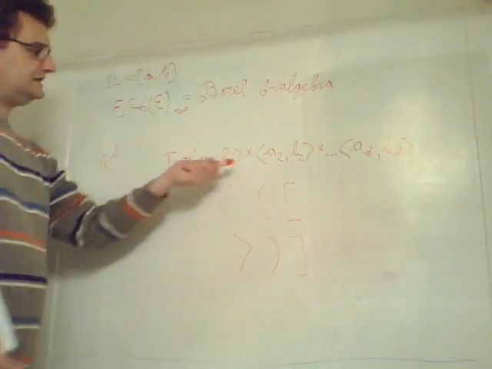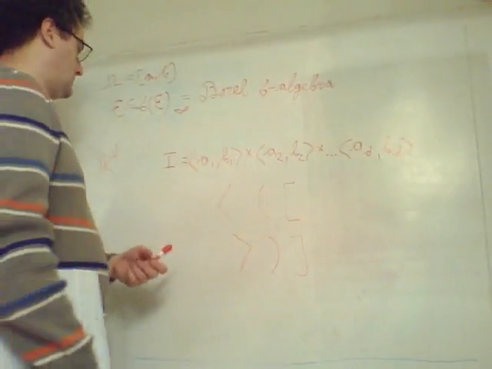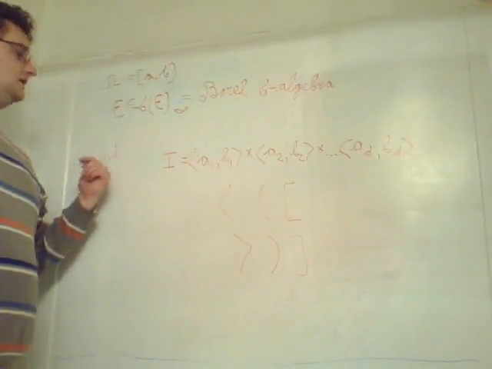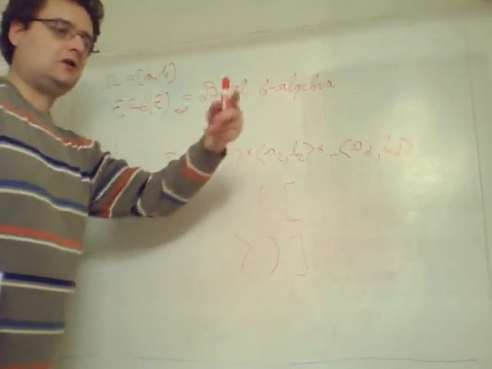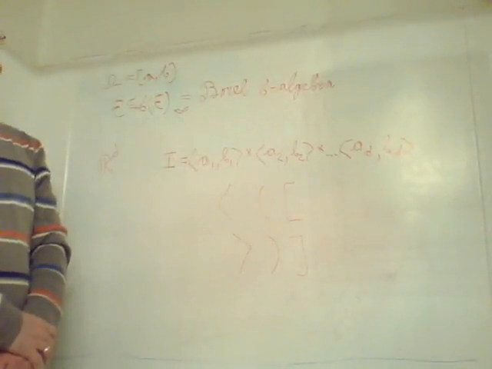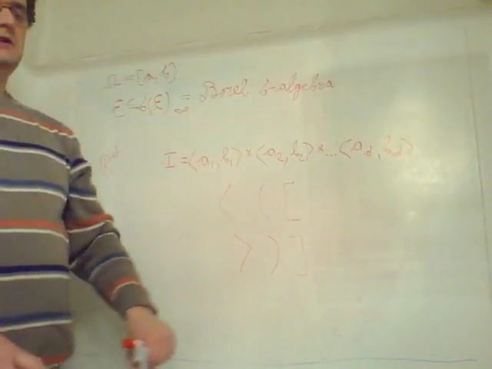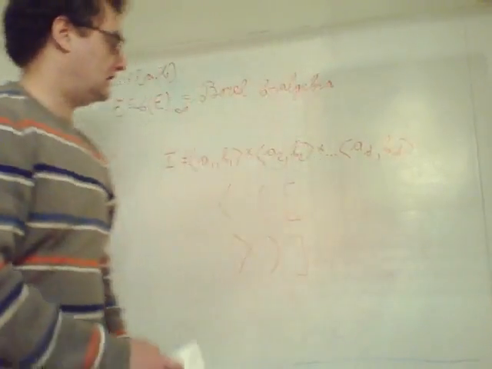So those are d-dimensional intervals, and finite unions of them are elementary sets in R^d, and you build sigma of that algebra of elementary sets, and that's what the Borel sigma field in R^d is.